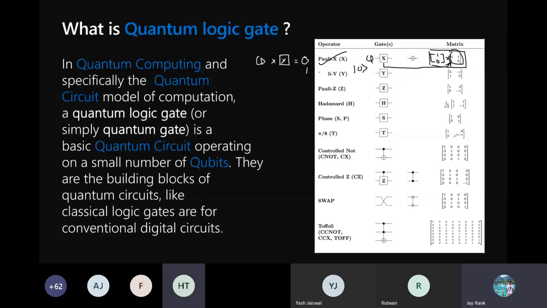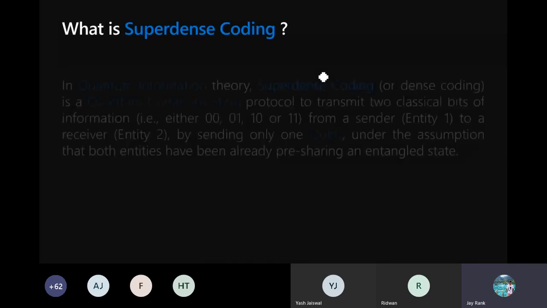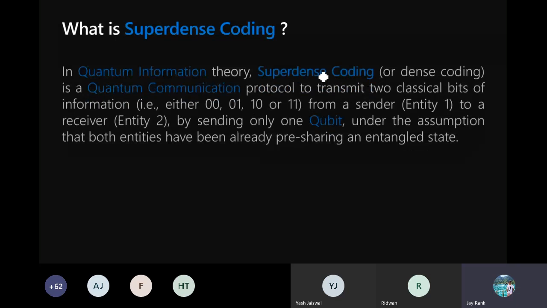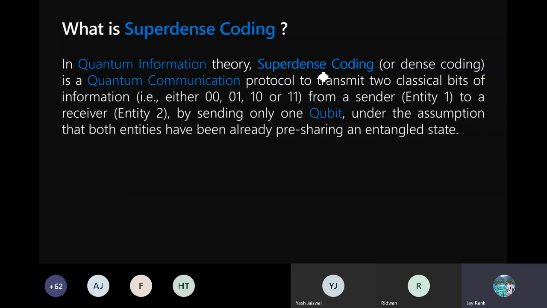Furthermore, what is superdense coding? Though this topic is slightly more related to quantum information, I thought I should cover it since it's basic and really interesting. In quantum information theory, superdense coding is a communication protocol that can transmit two classical bits of information using a single qubit, under the assumption that both entities already share an entangled state.